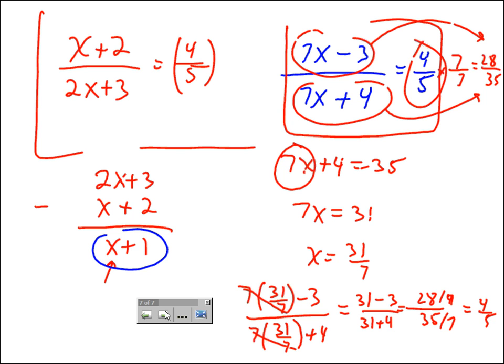The whole thing is that the top and the bottom have to have 7x. Now, it doesn't even have to be x. It can be x squared. 3x squared plus 4 over, it has to be 3x squared plus 3.